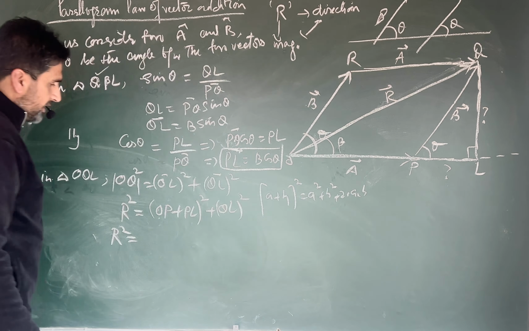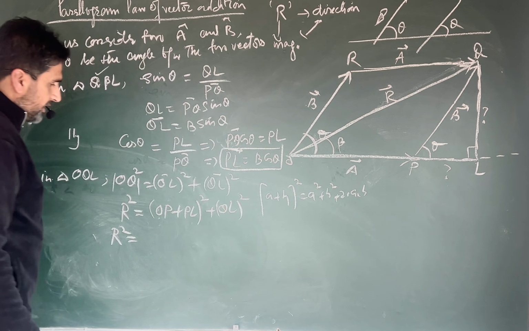OP is equal to A vector, plus PL is B cos theta, whole square, plus QL is B sin theta square. This will come out to be A plus B cos theta whole square plus B sin theta square.